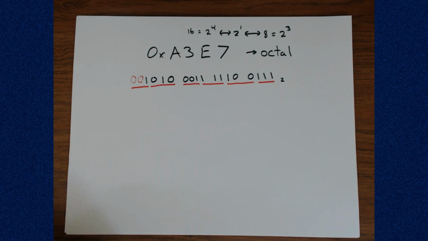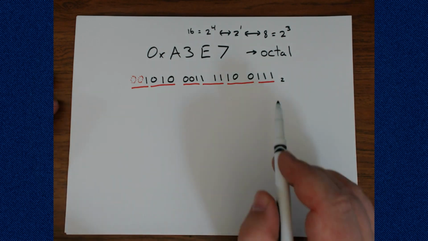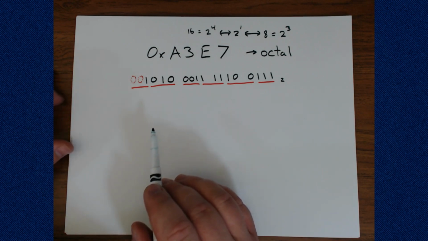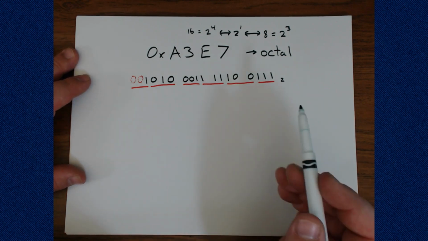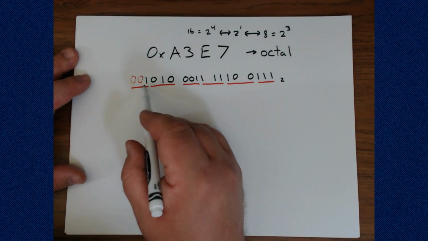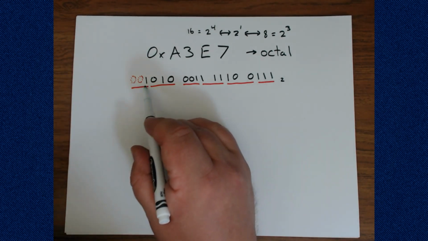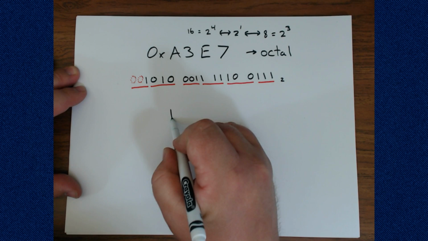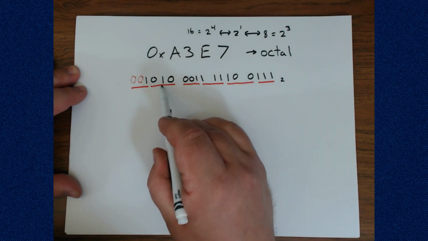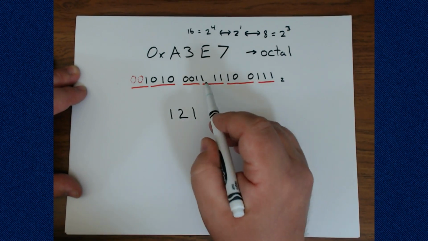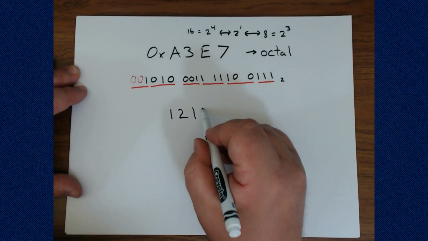So now what we want to do is represent each of these 3-bit patterns as an octal digit. And since octal is base 8, it has coefficients from 0 to 7. So we'll start with this one. This is the 3-bit version of the number 1. This is the number 2. This is the number 1 again. This is 4 plus 2 plus 1 is 7.